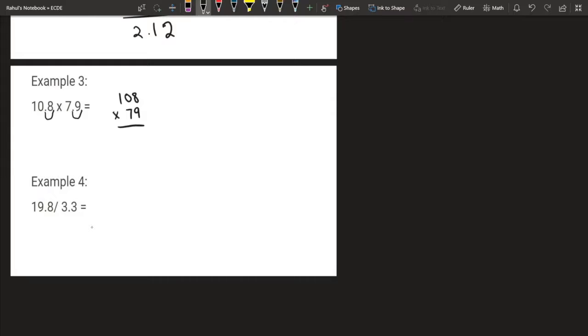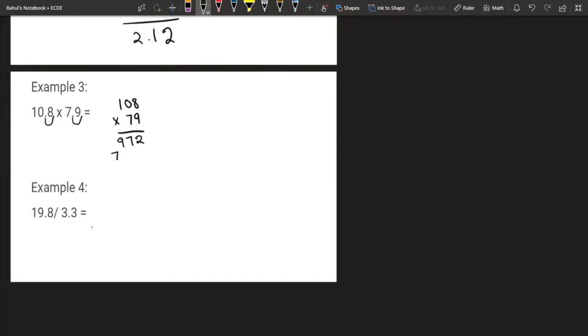This should give you 8532. But since you have two decimal places, you have to give the answer with two decimal places. So the answer you get is 85.32.